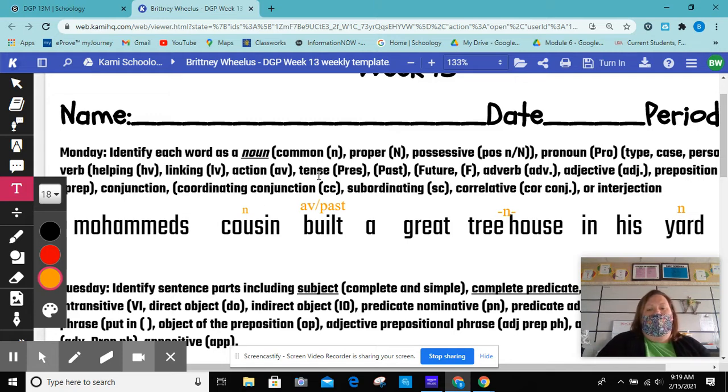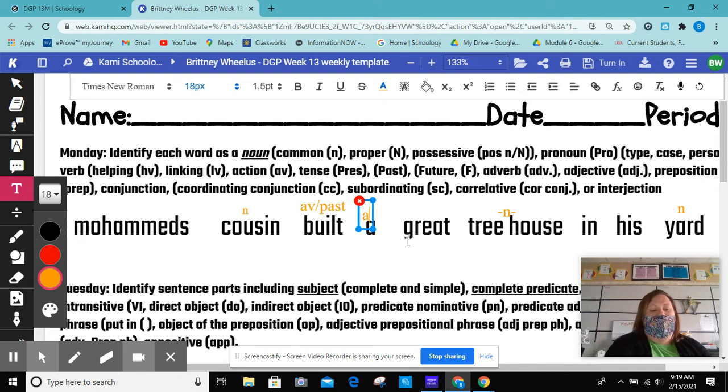A. Good. What is the abbreviation for article? Good. ART. All right. What is the other adjective in the sentence? Great. And what is great describing? The treehouse. Okay. So the abbreviation for adjective is ADJ.